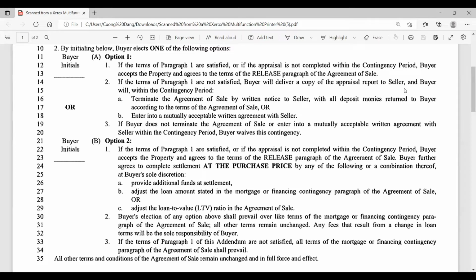All other terms remain unchanged. Any fees that result from a change in loan terms will be the sole responsibility of the buyer. So if they buy points, buy the rate down, stuff like that, that's on the buyer, not the seller.